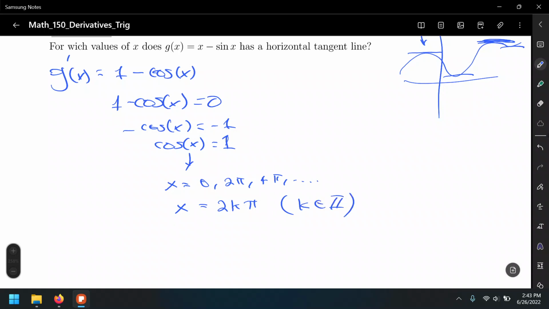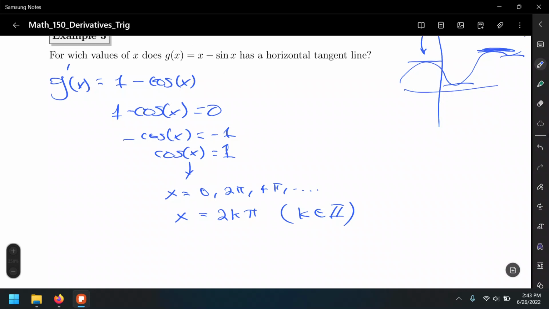All right, any integer multiple of 2 pi will be where this function, x minus sine x, has horizontal tangents, that is, tangents whose slopes are 0. And of course, we can have this with more elaborate numbers. All we have to do is go back to solving trigonometric equations and whatnot. All right, so this is a good place to quit the video. I will see you in the next one.